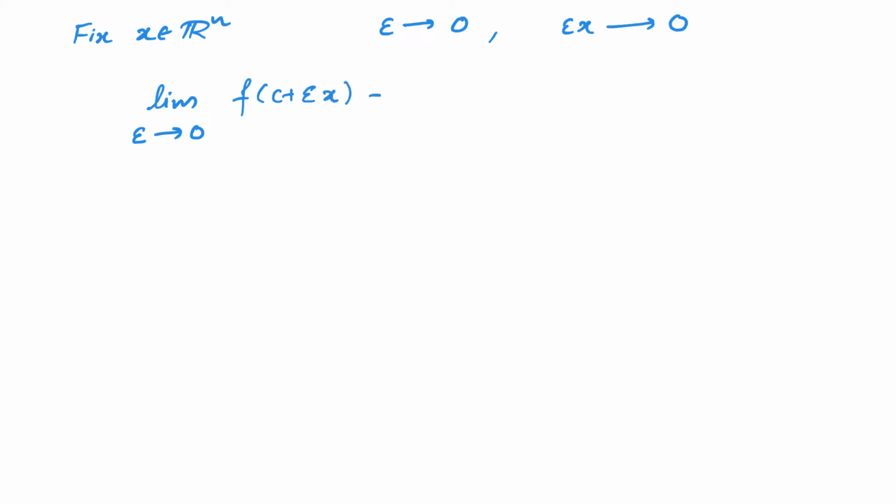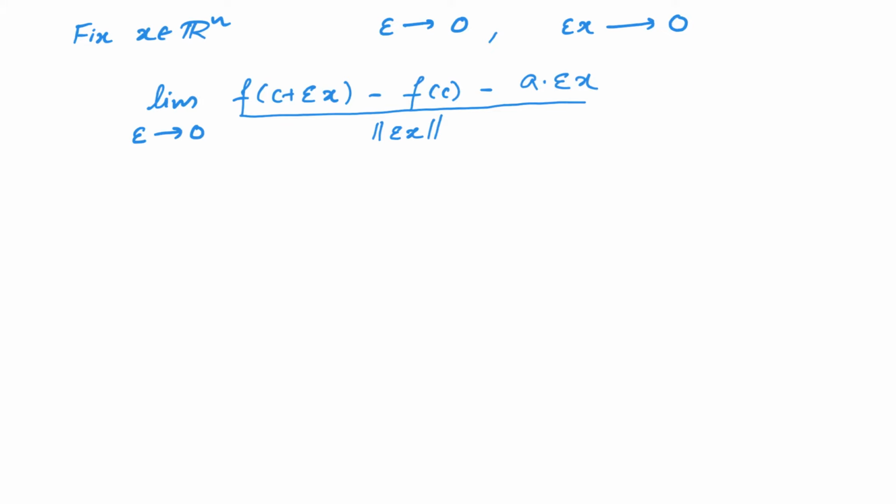More precisely, let us fix a point x in Rn. Then notice that as epsilon tends to 0, epsilon x also tends to 0. And here by 0, I mean the origin. Therefore, we can consider limit epsilon tends to 0, f of c plus epsilon x minus f of c minus a dot epsilon x, whole divided by norm of epsilon x.